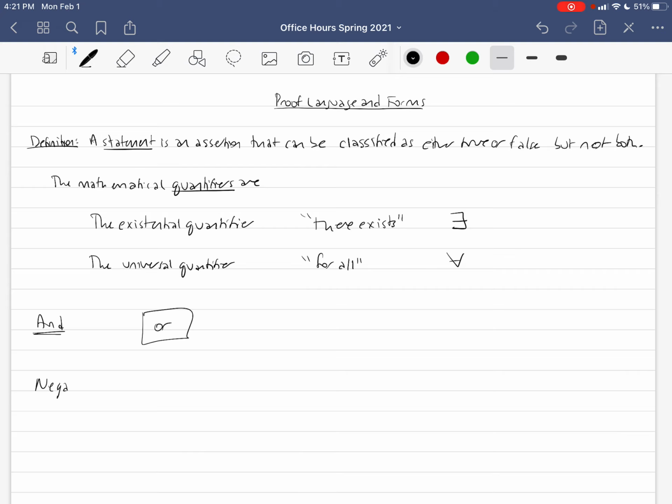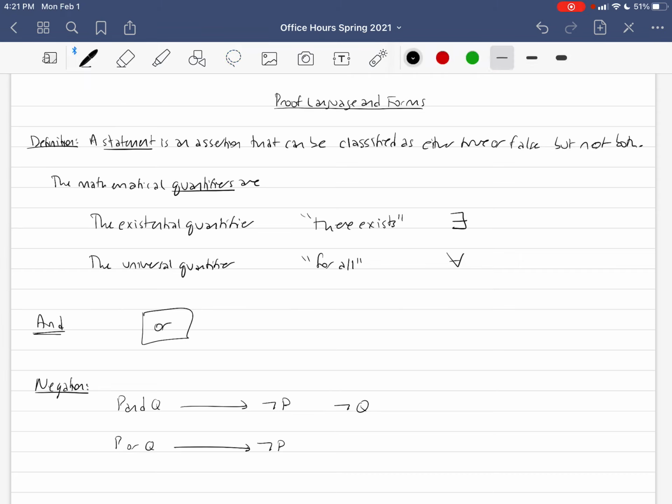Negations of statements are the statement that is the exact opposite. So, P and Q will negate to what we refer to as not P and not Q. This is a common way of writing not, okay? P or Q will have a negation, not P. Oh, and look at that, I made a mistake.